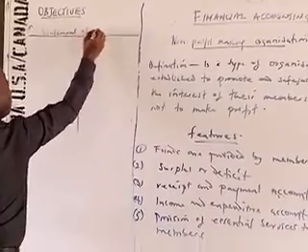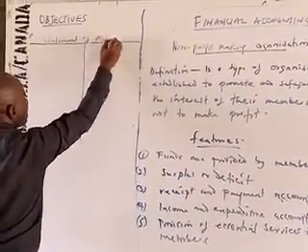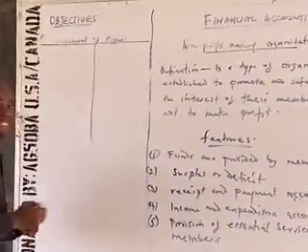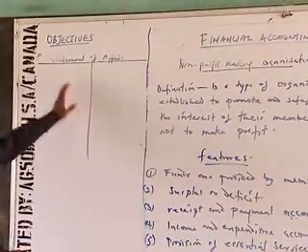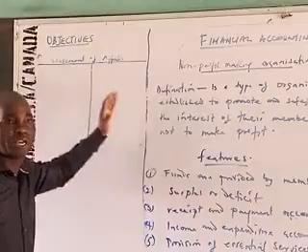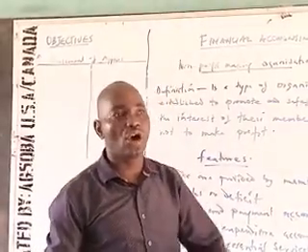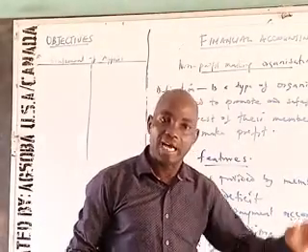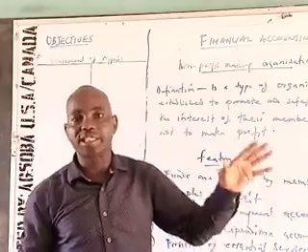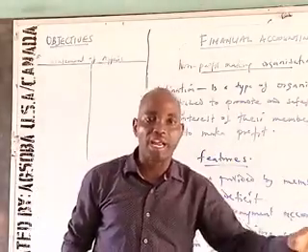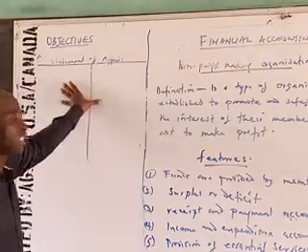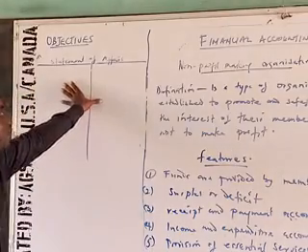A statement of affairs in a non-profit organization is called a statement of affairs, but in a profit-making organization it is called a balance sheet. By now, you should know what a balance sheet is. All the features of a balance sheet will be the features of a statement of affairs.